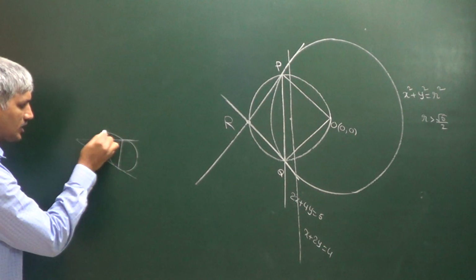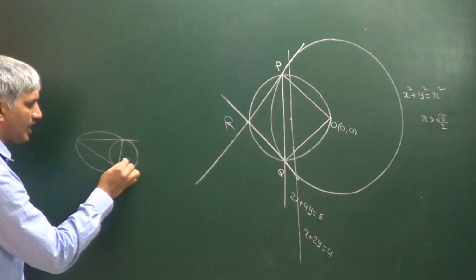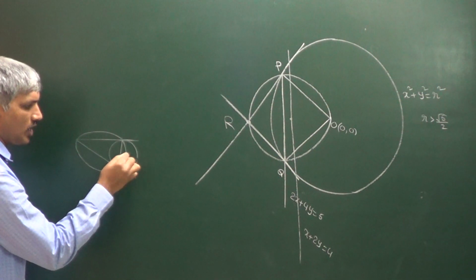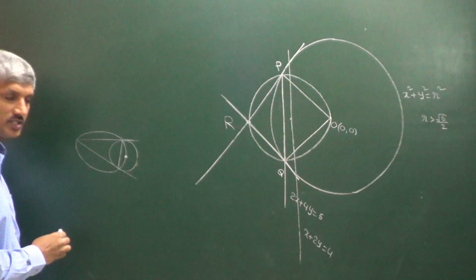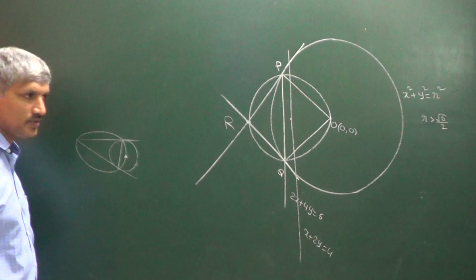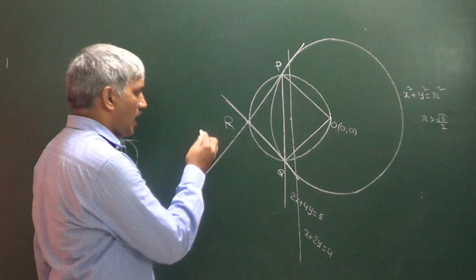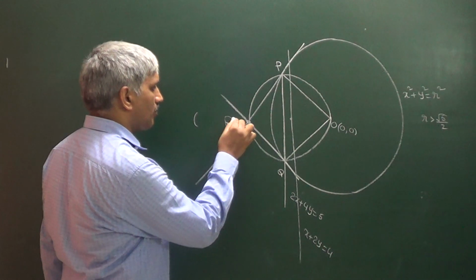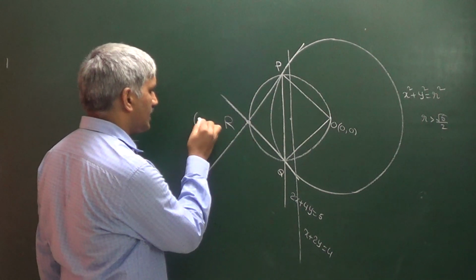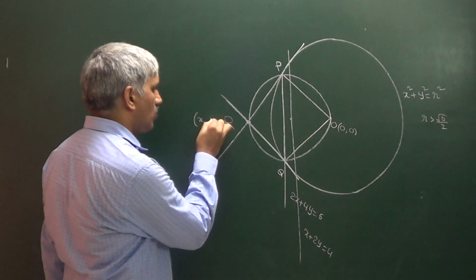The same diagram is there also. Now I am assuming this point R's coordinates as (x1, y1).